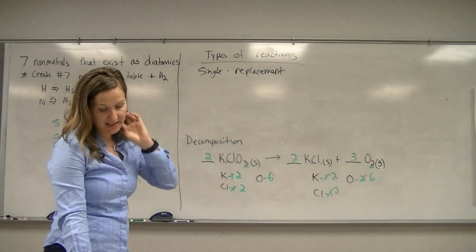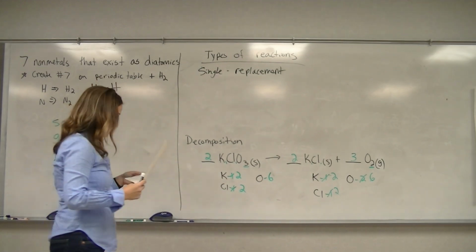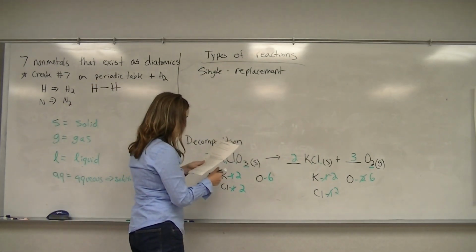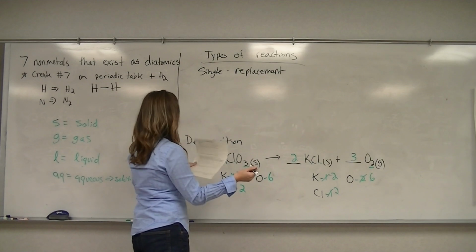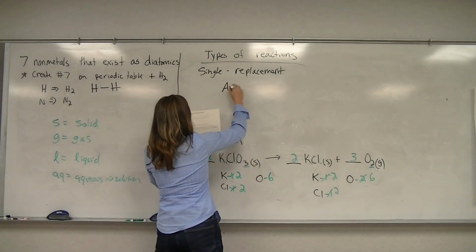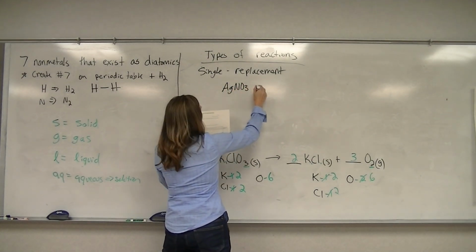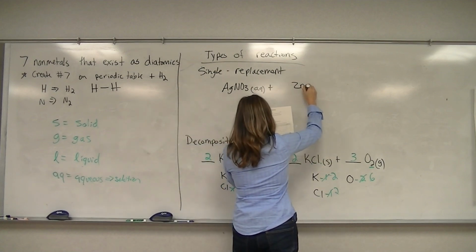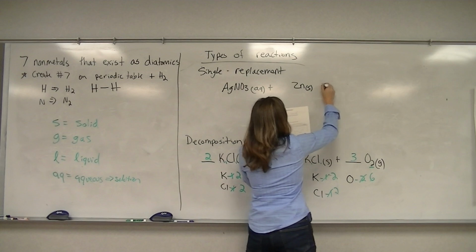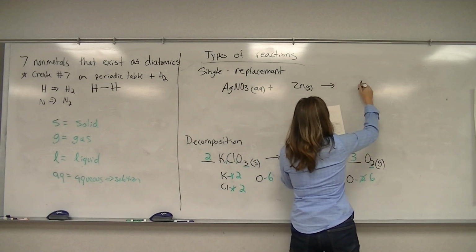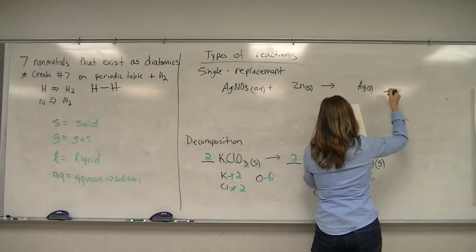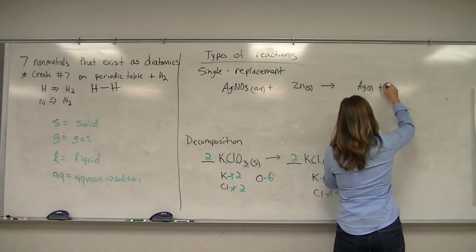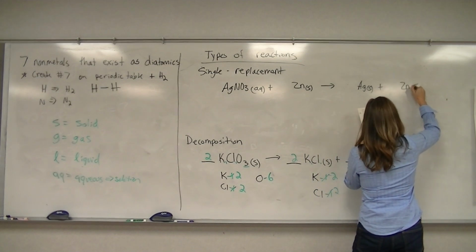The example of a single replacement reaction on your pre-lab is the silver nitrate example. So we have AgNO3 (aq) plus zinc, giving us solid silver plus zinc nitrate.